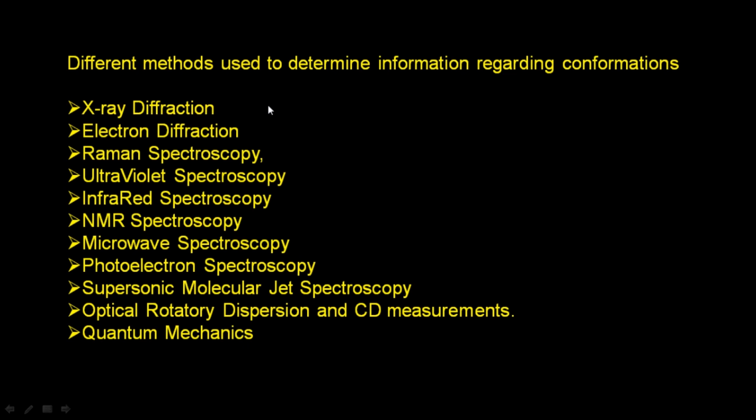Once we do the conformation, we need to know whether the molecule has attained what is predicted, and what the reality is. As I had mentioned before, X-ray is a very good technique, it gives you the coordinates of the molecule. So, we can cross check whether the conformation matches. Electron diffraction, Raman spectroscopy, ultraviolet spectroscopy, IR, NMR, microwave, photoelectron, supersonic molecular jet spectroscopy, optical rotatory dispersion, and quantum mechanics, which is a theoretical approach.